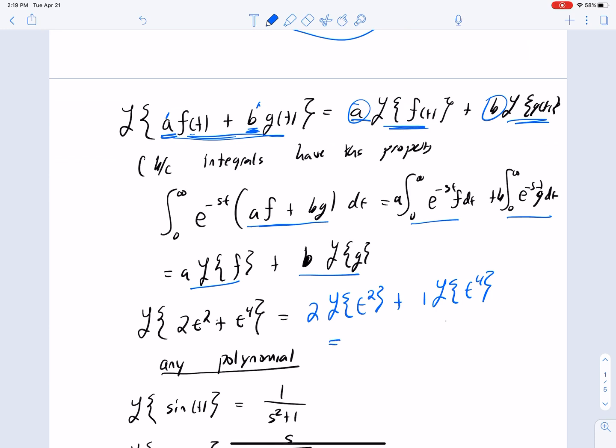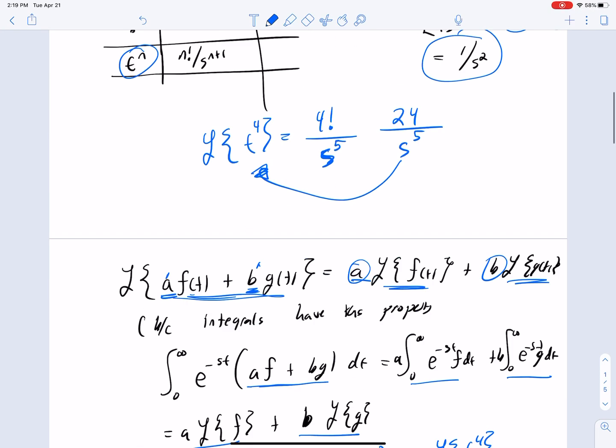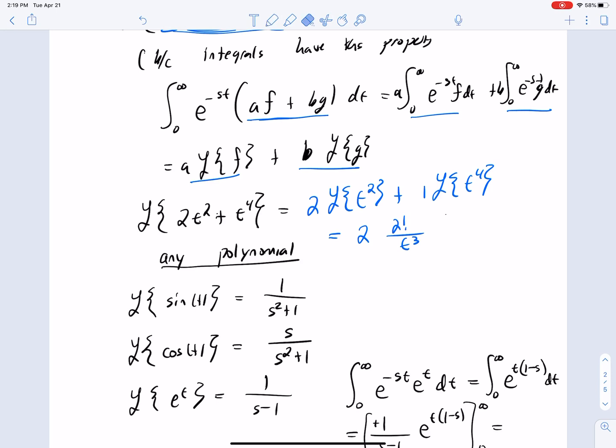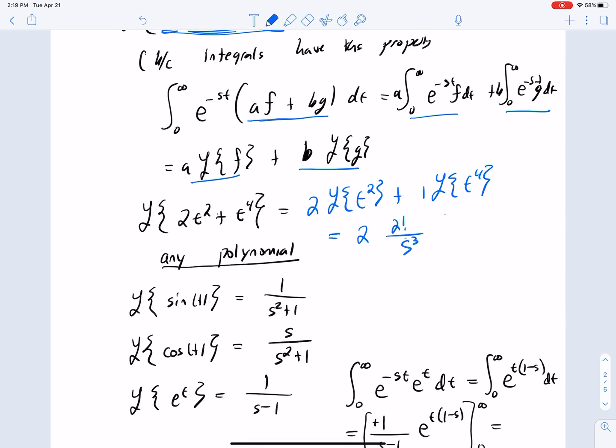So this is 2 times 2 factorial over s cubed, n factorial over s to the n plus 1. Oops, switch my variable to s. S cubed plus, and then I actually just picked t to the 4th a second ago, so that's 4 factorial over s to the 5th.